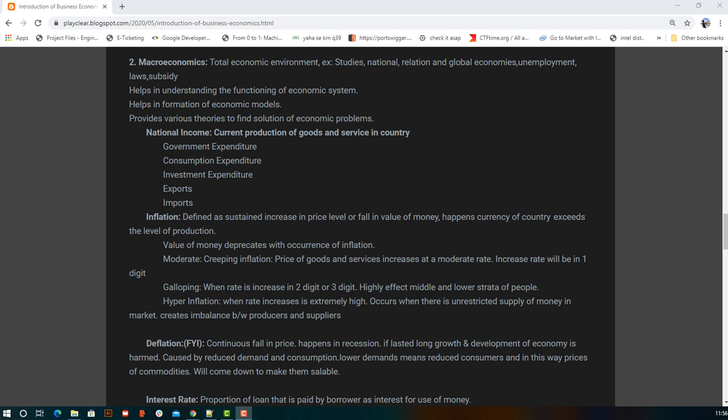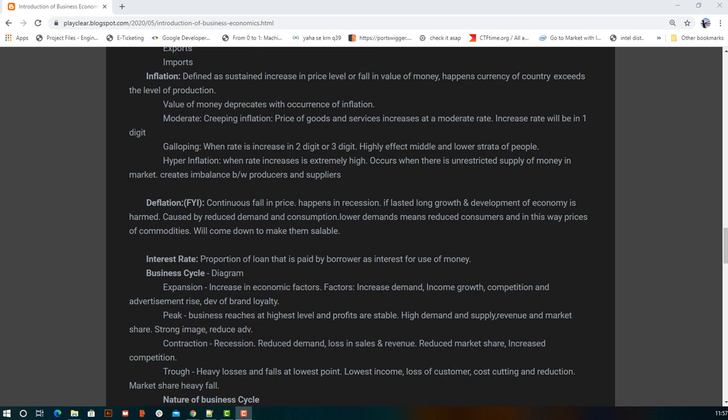Finally, the last category is hyperinflation, where the rate of increase is extremely high, when there is unrestricted supply of money in the market. If you have seen, they printed too much money in the same day, which caused inflation to increase very drastically. Here we can say that 2 or 3 digits has been crossed. That is not possible, but theoretically we call that hyperinflation.